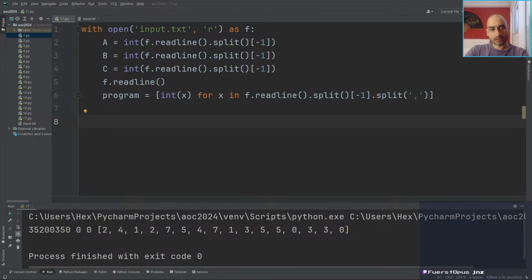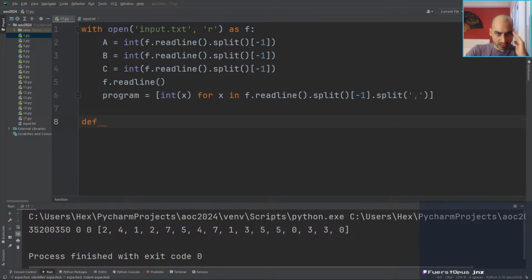Alright, so I guess we'll make a method. Define. So, okay, let me just take a look at these instructions.